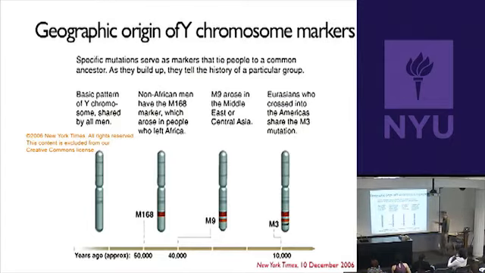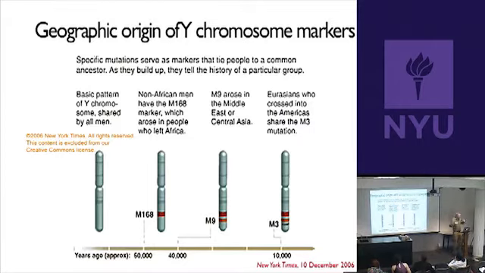The peopling of the New World happened through a migration from Siberia to Alaska when those were connected. So if someone has the M3 mutation, they have a very high probability of Native American ancestry.